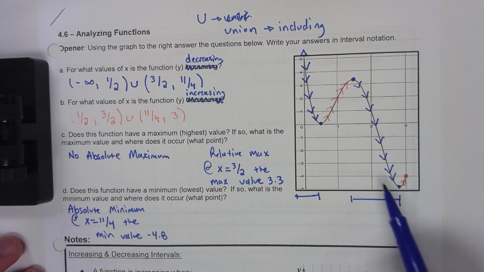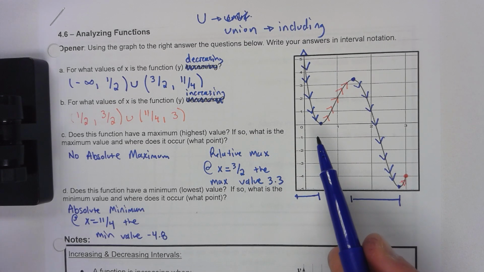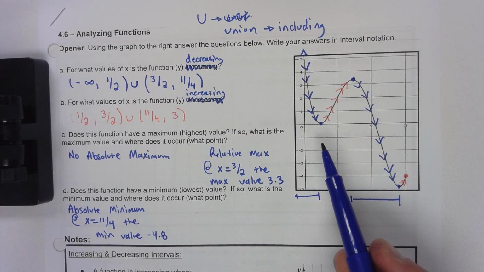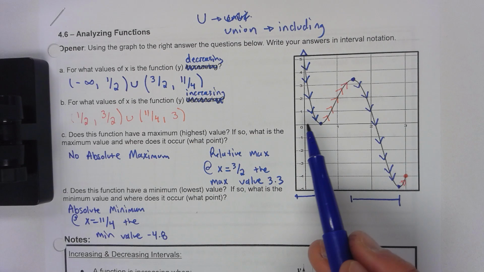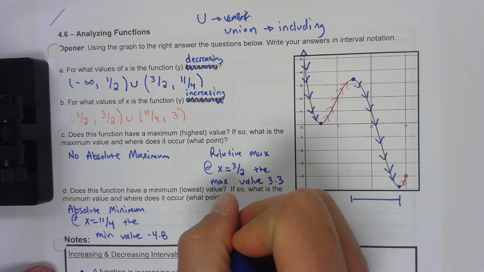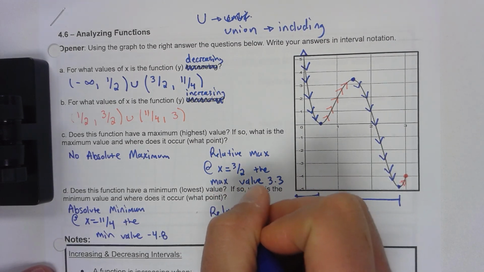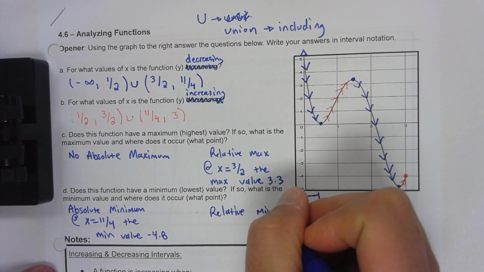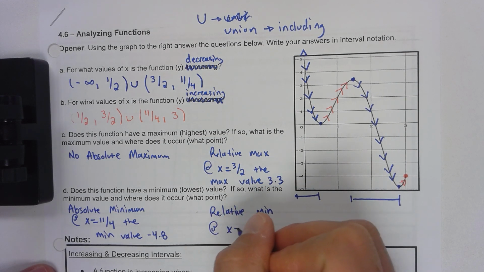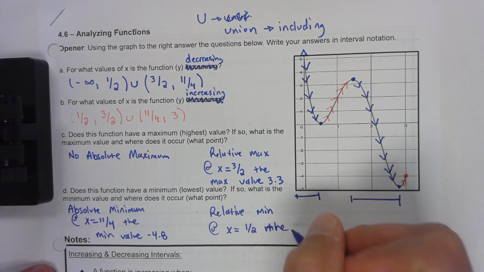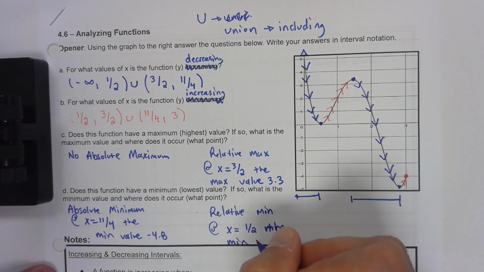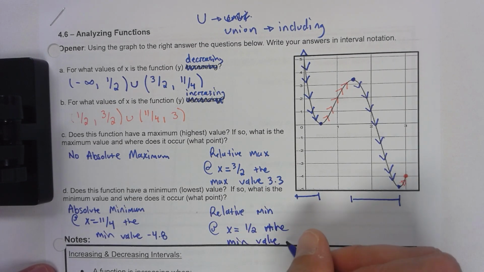All right, then there's another valley here. So this graph has another relative minimum, okay, at this valley point where we switch from decreasing to increasing. So there's another relative minimum at x equals 1/2, where the minimum value is 0.